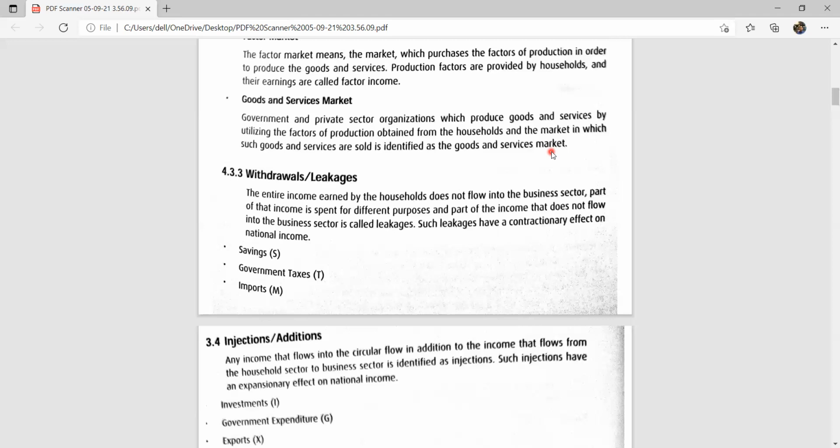Part of that income is spent for different purposes, and the part of income that does not flow into the business sector is called leakages. Such leakages have a contractionary effect on national income. Savings, government taxes, imports are withdrawals. Actually, only withdrawals. These are the only withdrawals. Then after, injections.